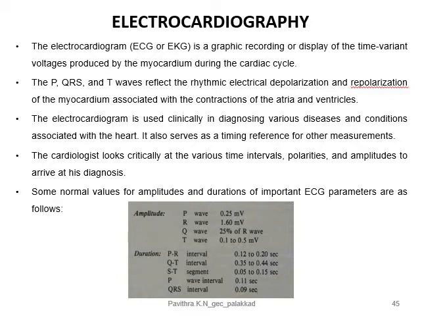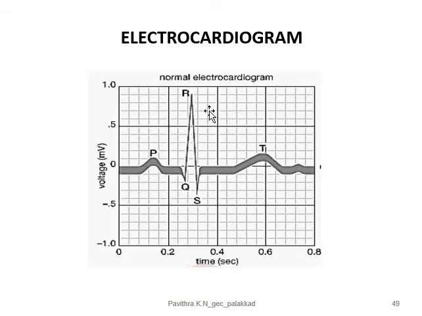A typical ECG consists of several peaks known as P, Q, R, S and T. This is the typical ECG waveform. Here you can see the several peaks P, Q, R, S and T, and there will be a corresponding voltage for each of these peaks.